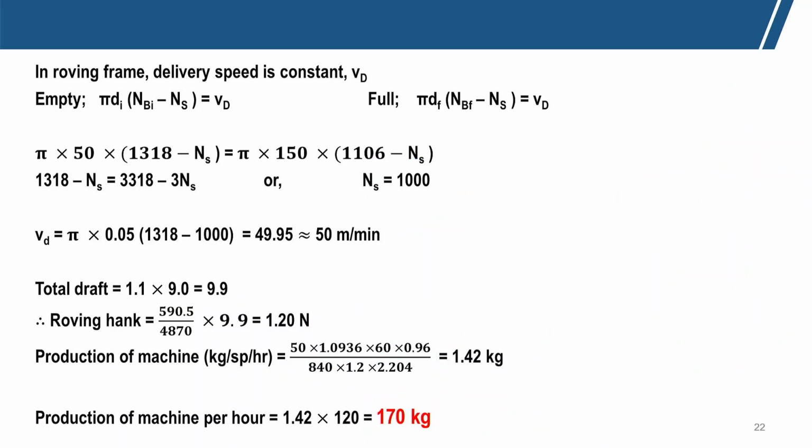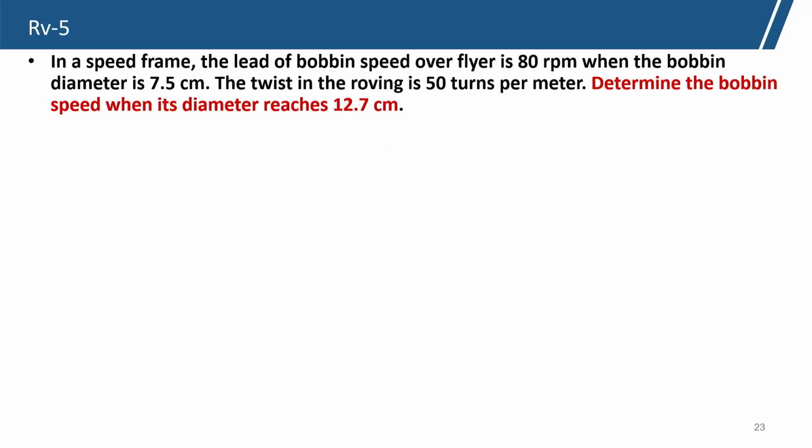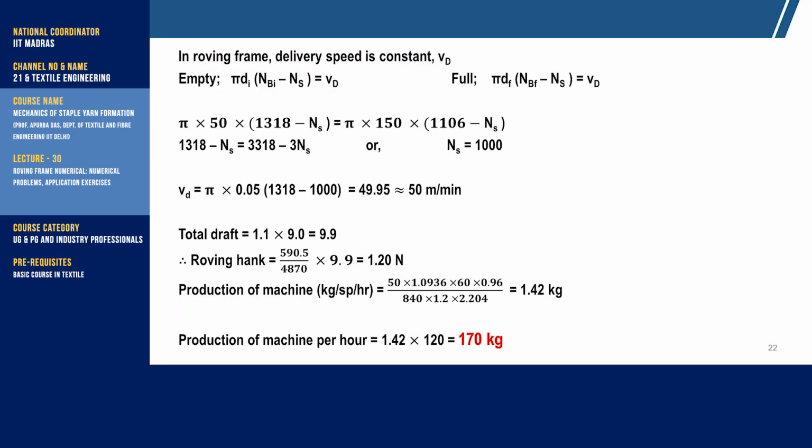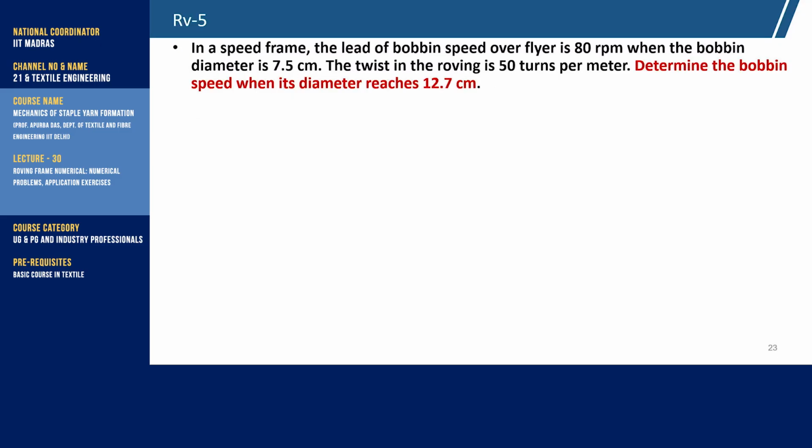Now, the next one: in a speed frame, meaning a roving frame, the lead of bobbin speed over flyer speed is 80 rpm at a bobbin diameter of 7.5 centimeter.